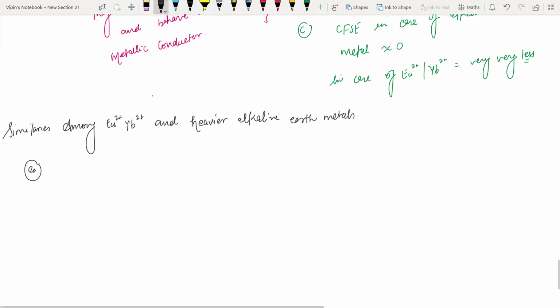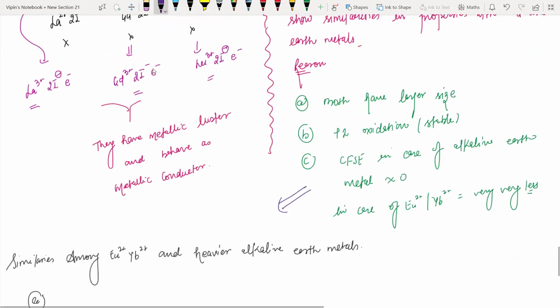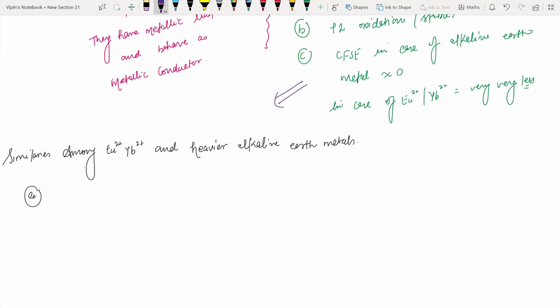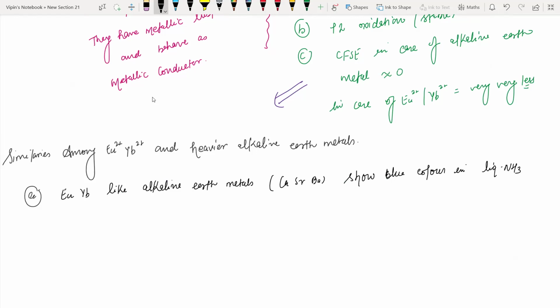The first and most important similarity is that Eu and Yb, like heavier alkaline earth metals such as calcium, strontium, and barium, show blue color in liquid ammonia solution, right?